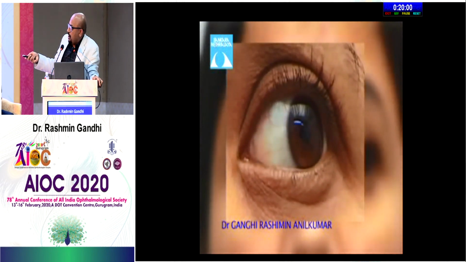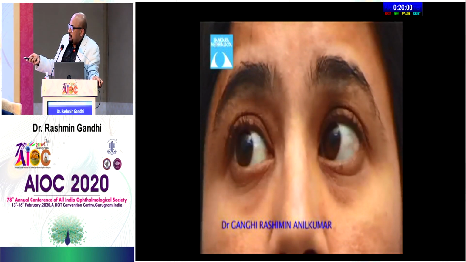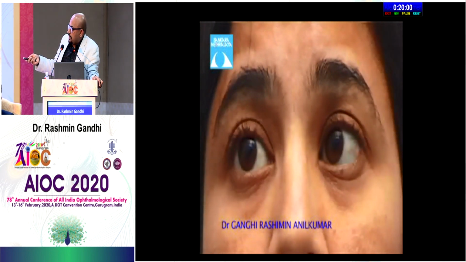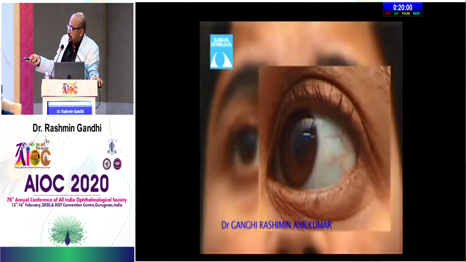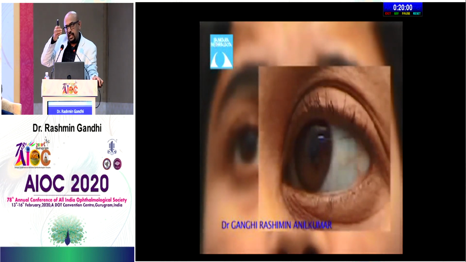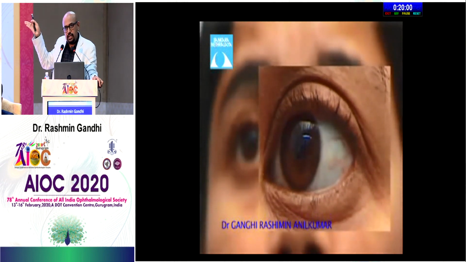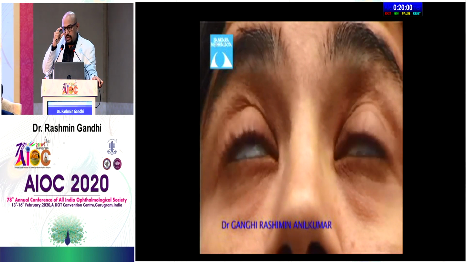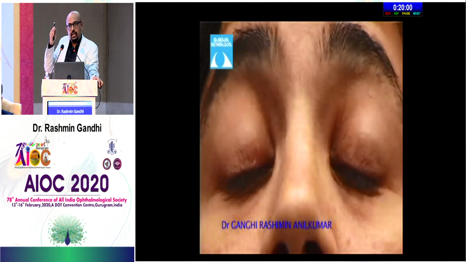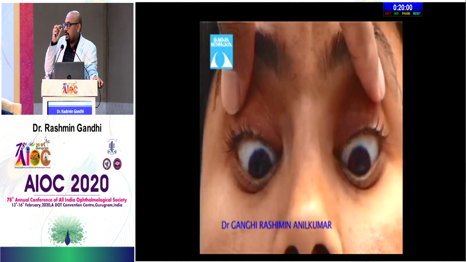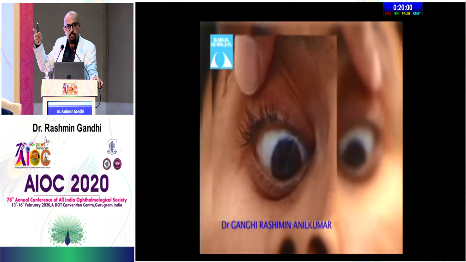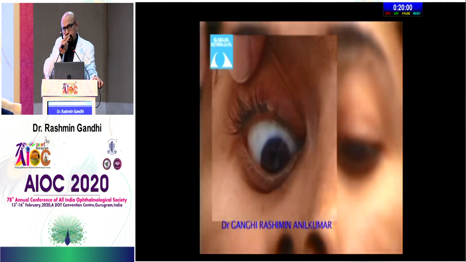You can see the sclera of the abducting eye, but you can see the nystagmus. Here you can see the sclera of the adducting eye, but the nystagmus is already present. In an end gaze nystagmus, it comes about right at the end of the gaze, and generally it is transient, versus this where it comes before the end of the gaze. And you find here that it has become vertical, downbeating nystagmus.